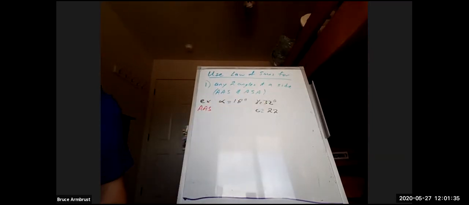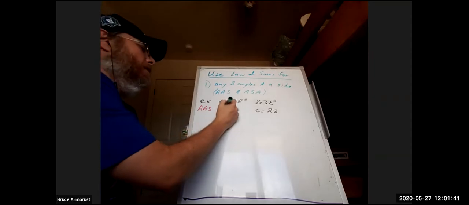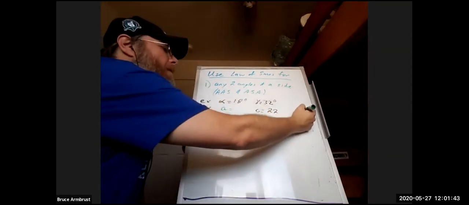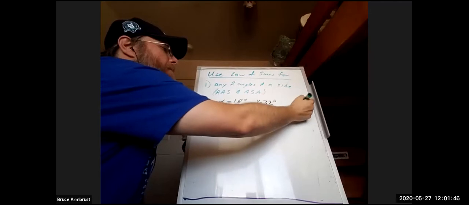So again, think about what we're going to need to figure out. We still need to know, well, what is A, what is B, and what is beta. So think about what your first step would be. The first step is going to be solving for beta. Once we've got these two angles, we can get our third angle quickly.